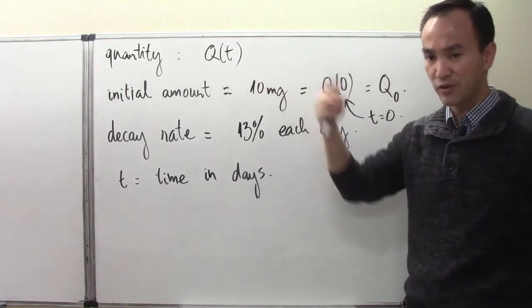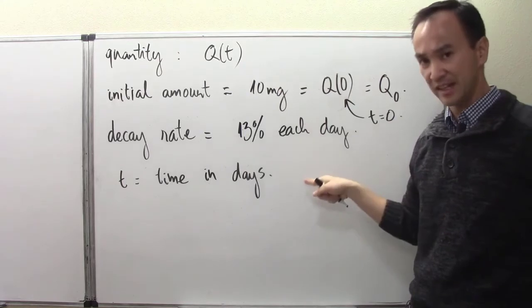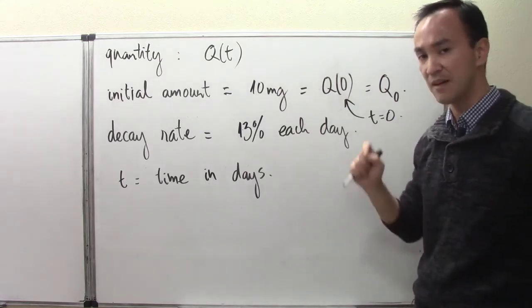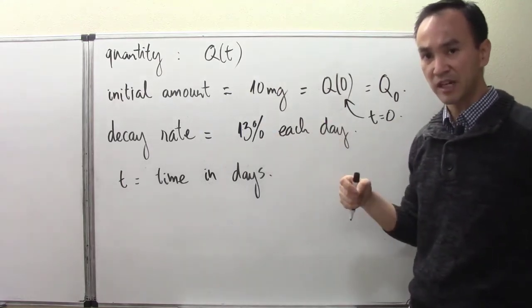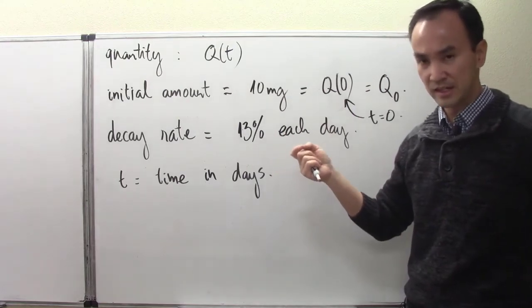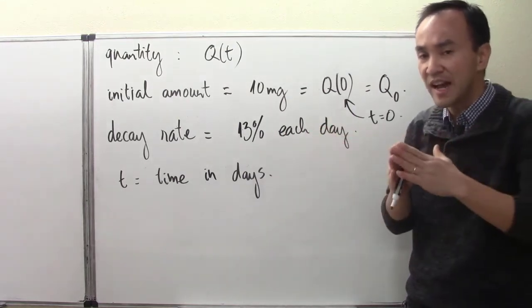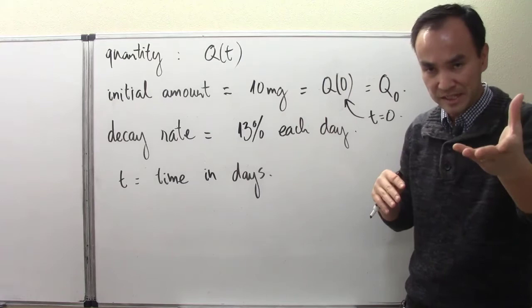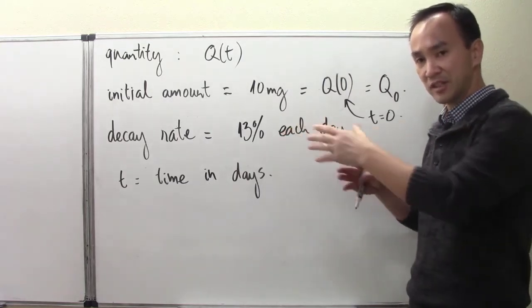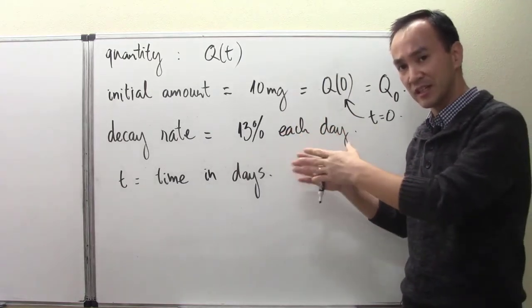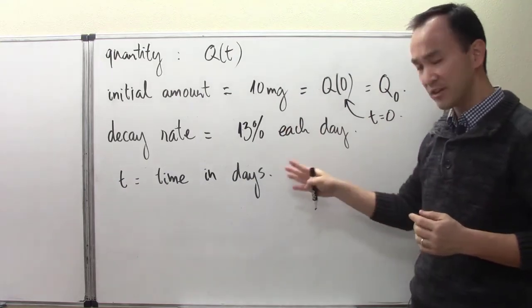Some problems we're looking at per day, like this problem right here, where the time is in days. In some other problem, time is in years. In some other problems, time could be in hours, like the bacteria problem, where the variable for time was in hours.